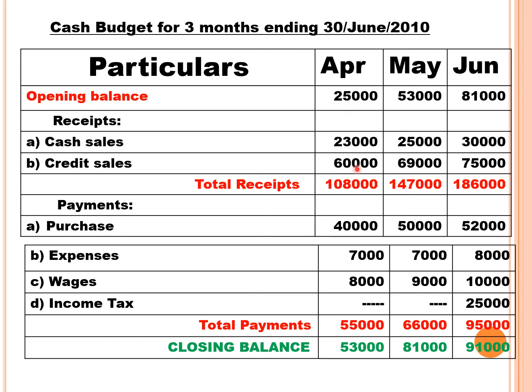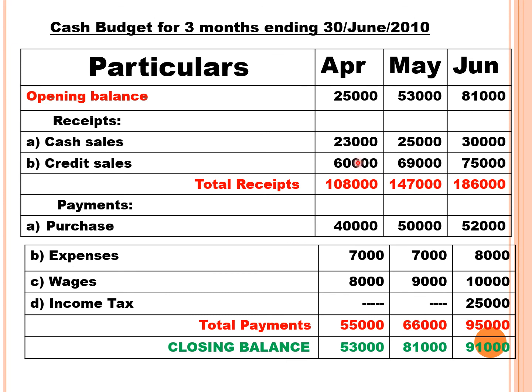As discussed in the previous slide, cash sales of April and credit sales of March. So March you receive in April, April you receive in May, likewise.